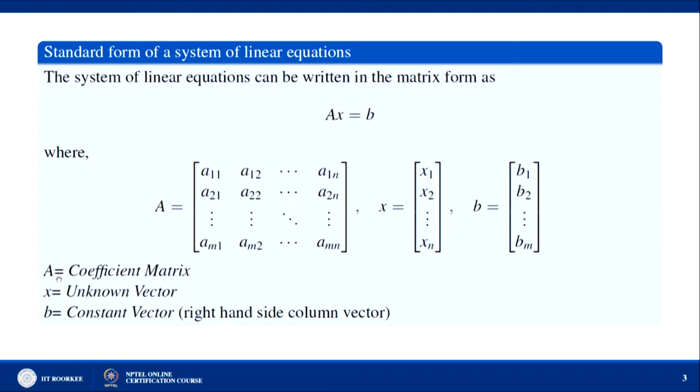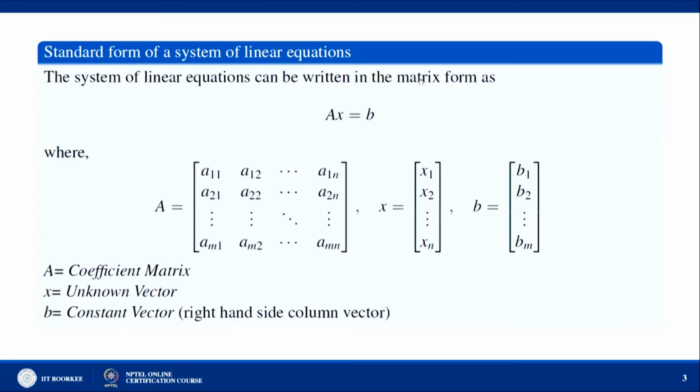So, this A is also called coefficient matrix. This x is called unknown vector, which is to find out. This b is called constant vector or right hand side column vector. So, the matrix representation of a system of linear equation with n unknowns and m equations is given by this expression.